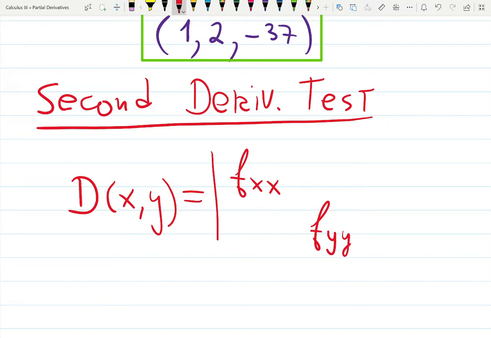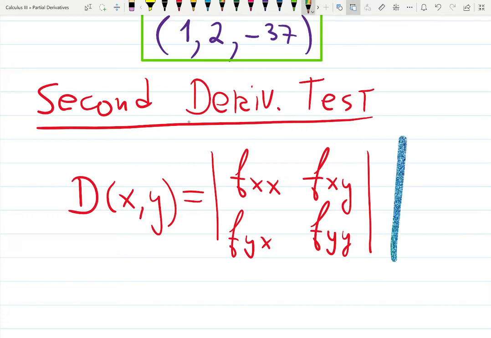So the same ones go into the corners, and then x stays first in the first row, y, and then y goes first in the second row. This will be a crucial thing. This is called a determinant. Put all the second derivatives in a table and then find this determinant. So this will be an important part.